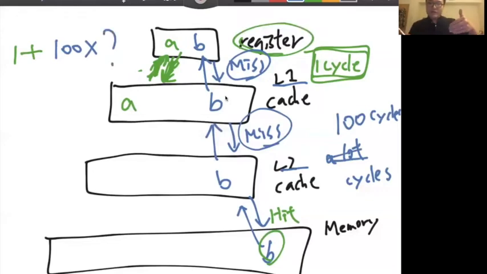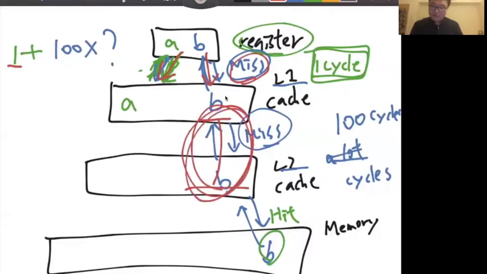The 1 is there because, no matter whether you hit or miss, your register definitely needs to go to the cache, so the 1 is always there. Then if it's a miss, you need extra time, which is 100 cycles, times the percentage of time you miss.